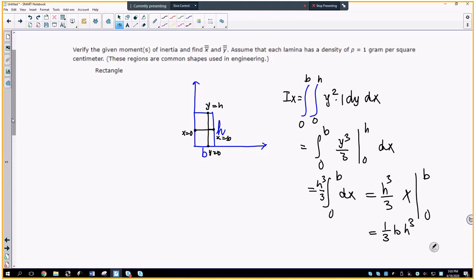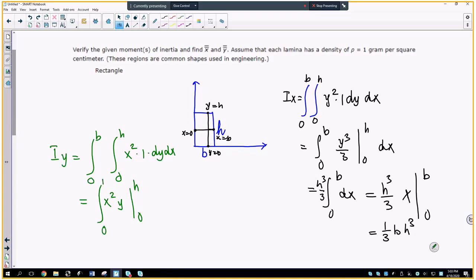Similarly, I'm going to find the moment of inertia around the y-axis. So Iy is going to be, see, my limits are not going to change. It's still 0 to b, 0 to h. This time you're integrating x squared times density, dy dx. When I'm doing it with respect to y, I get x squared y, and limits are 0 to h. Remember, I still have to integrate with respect to x.